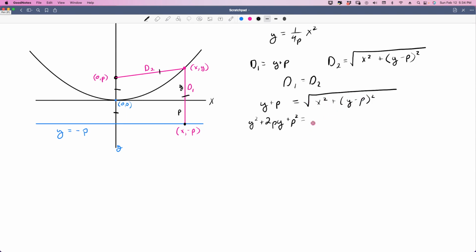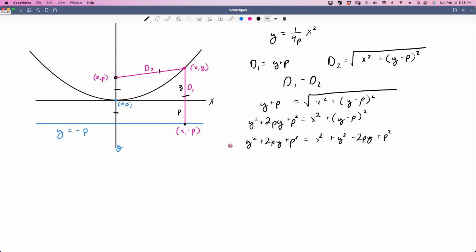And when we square the other side, we just get rid of the radical symbol: x squared plus y minus p squared. Now we can expand this since it's got the exponent on it. So we get y squared plus 2py plus p squared is equal to x squared plus y squared minus 2py plus p squared.